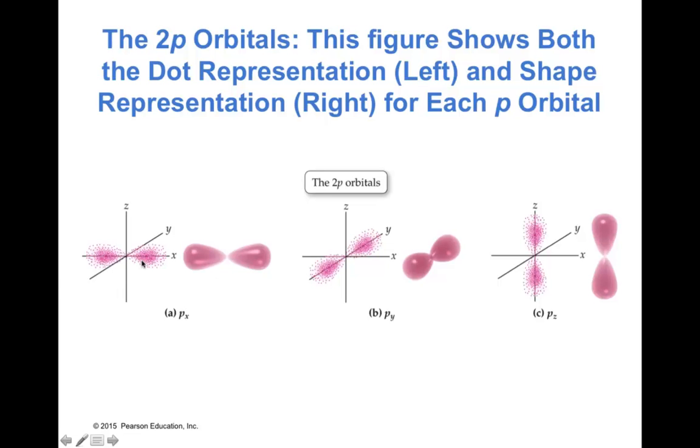This is the dot representation, where we have a higher probability to find the electron in these regions. Here we have one along the x-axis, another one in the y-axis, and another p orbital in the z-axis.